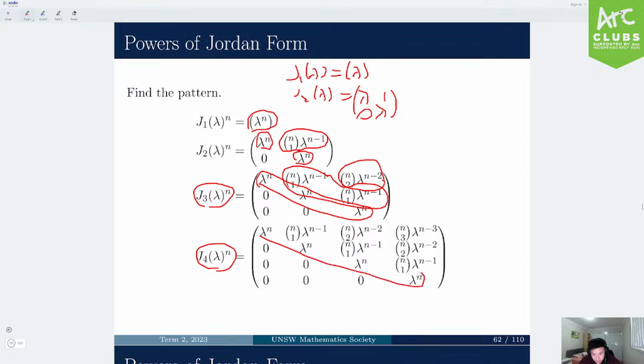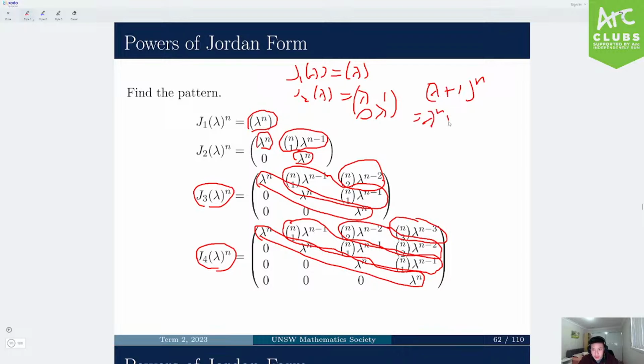Again, lambda to the n in the diagonals, n choose 1 lambda to the n minus 1 in the super diagonals, n choose 2 lambda to the n minus 2 directly above that, and then lastly n choose 3 lambda to the n minus 3 above that. Okay, and notice these expressions here, they are just from the binomial expansion of lambda plus 1 to the power n, and that gets you lambda to the n plus n choose 1 lambda to the n minus 1, and so on.